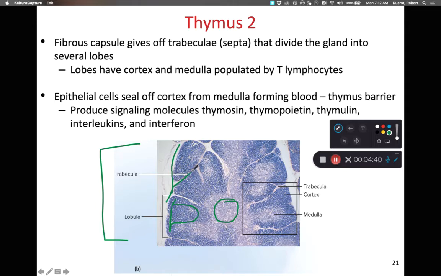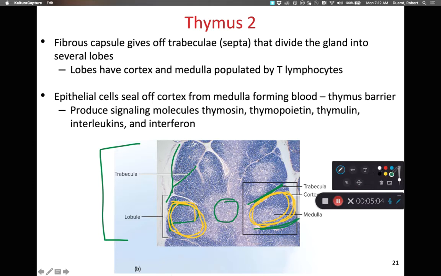We call those invaginations trabeculae. Here's a trabeculae right here, and here's a trabeculae right there. Those trabeculae are going to encompass and differentiate lobes. So I'm circling a lobe of the thymus in yellow, and here's another lobe of the thymus over here, circled in yellow.